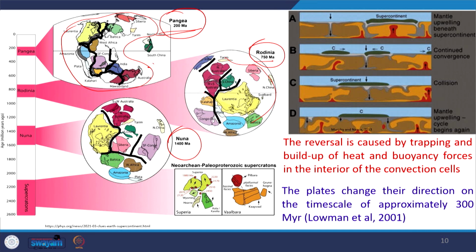The reversal is caused by the trapping and building of heat and the buoyant force in the interior of the convection shell, and the plates change their direction around every 300 million years. On average, until then, the plate motion remains unidirectional.